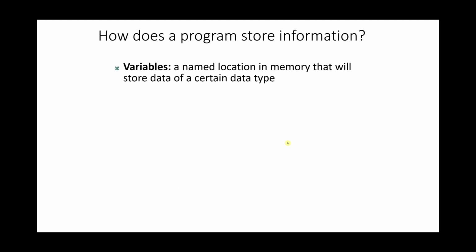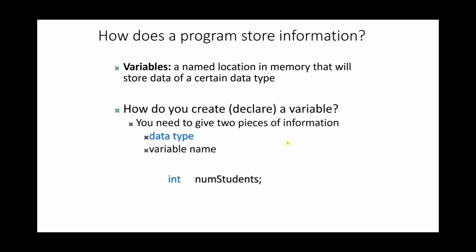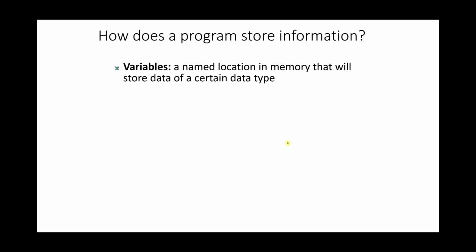Okay. Now, let's talk about variables. Why do we need variables? Let me just show you something. If we have a calculation like cout 3 plus 4, where does the result of 3 plus 4 go?